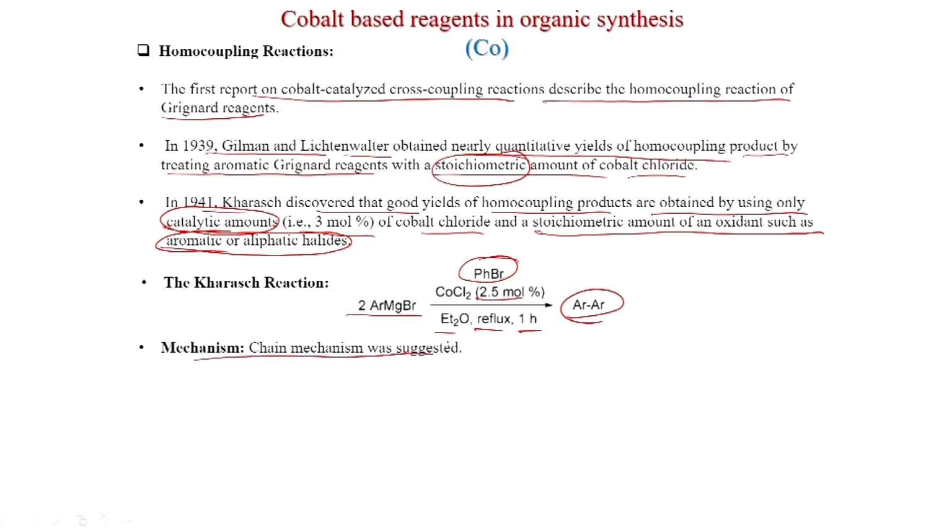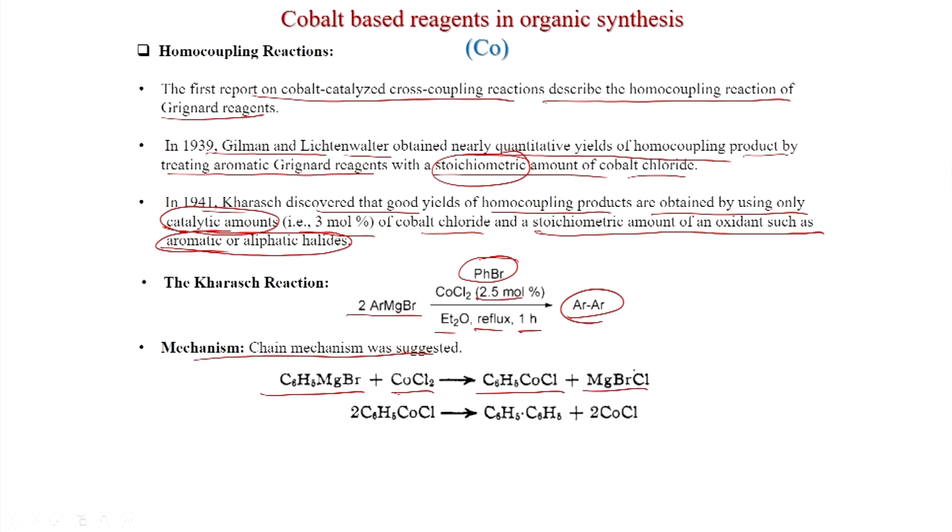And a chain mechanism was suggested. C6H5MgBr reacts with cobalt chloride to generate C6H5CoCl plus MgBrCl, which is a byproduct. Now, 2 C6H5CoCl will generate biphenyl and 2 CoCl will form.